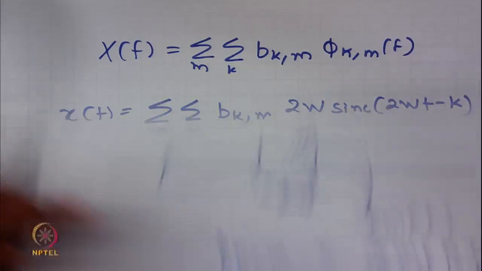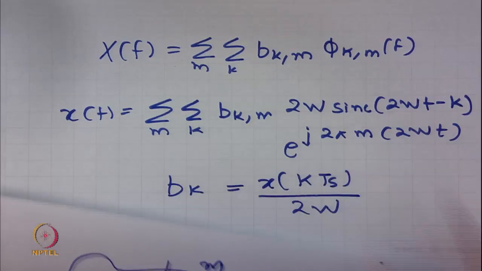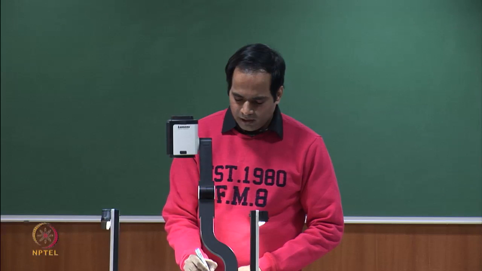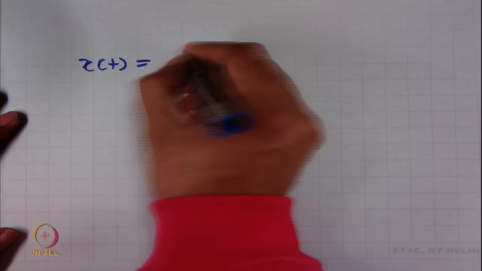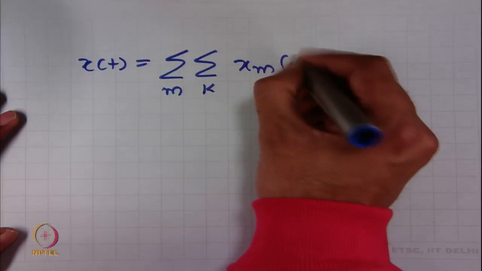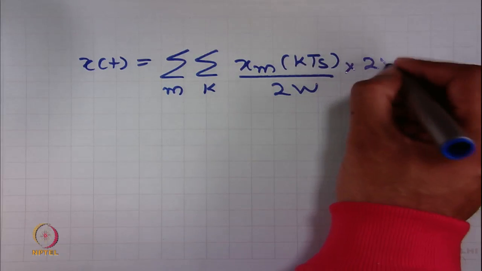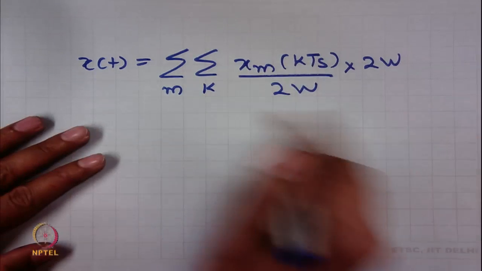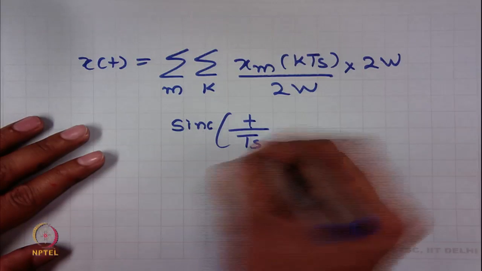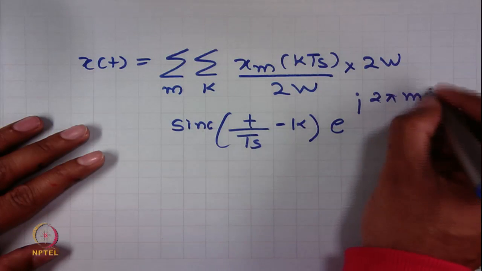Substituting this obtained value of BKM into this expression, what we will get is x(t) is the summation over m, k of xm(kTs) by 2w into 2w sinc (t by Ts minus k) e to the power j 2 pi m t by Ts.